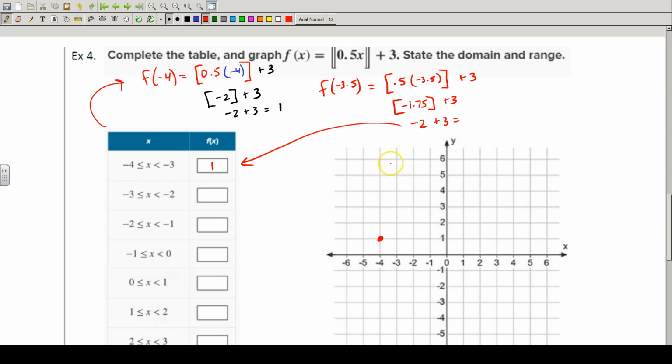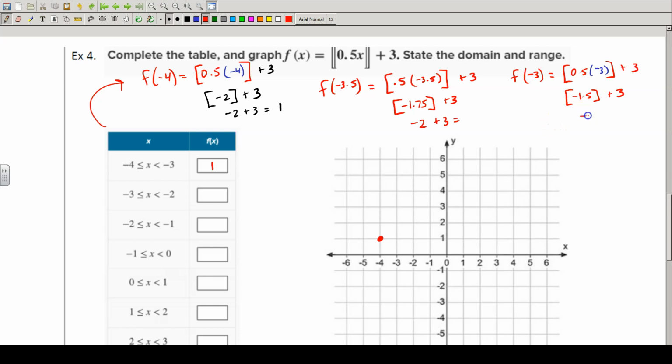What happens if I plug in -3? If I plug in -3 into this function, and we keep on doing this, so f of -3, I say, all right, 0.5 times my input of -3, and then plus 3. So this is going to give me -1.5 plus 3, and again, this means we're going to round down, not truncate.